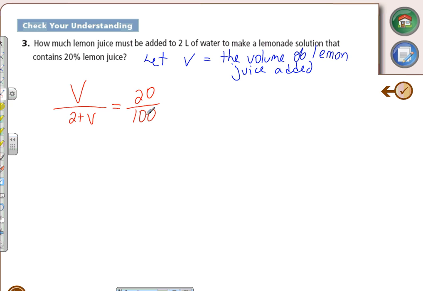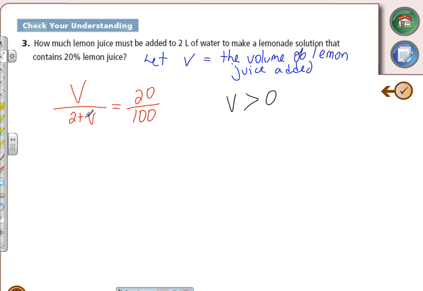Well, here we go. Let's work it through. We know now for our problem that V has to be greater than 0. It's got to be positive. And we know it can't be equal to 0 because if I add no lemon juice, there's no way I can get 20% lemon juice. So I've got to get some positive value.